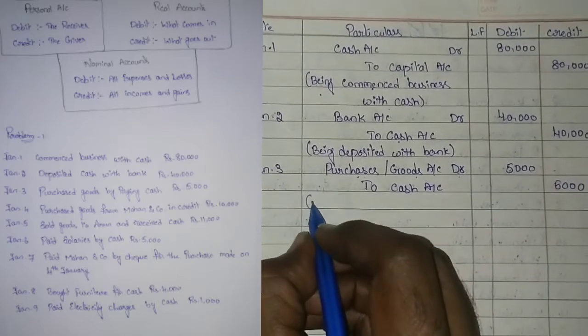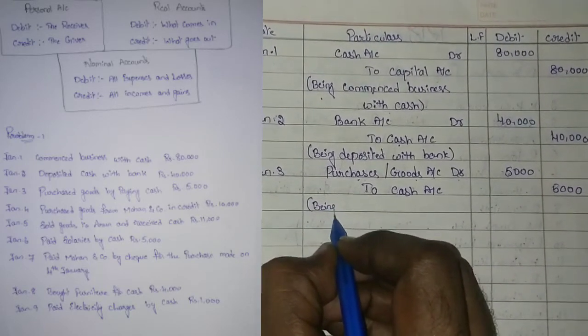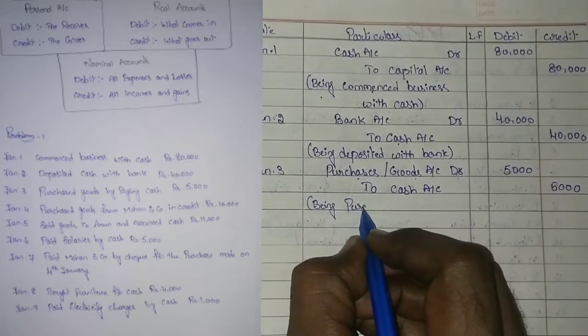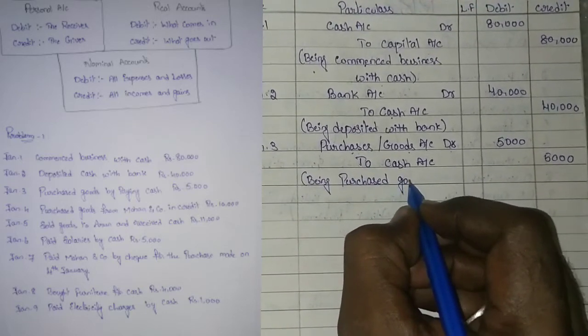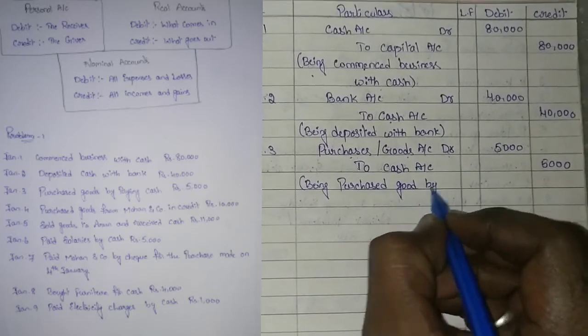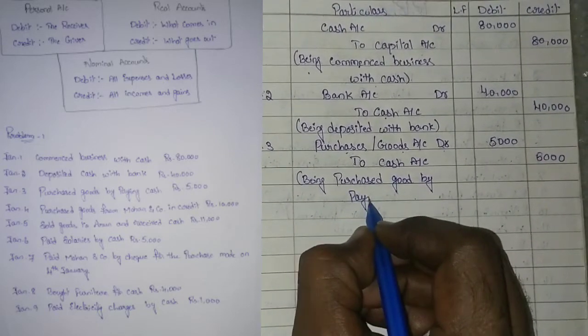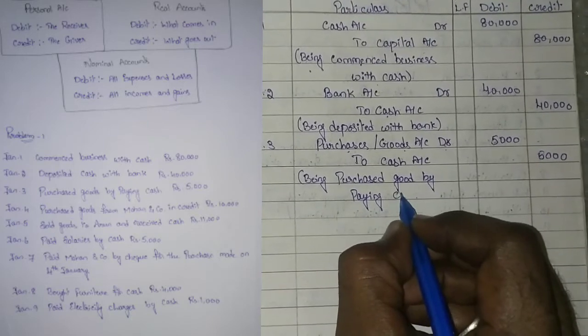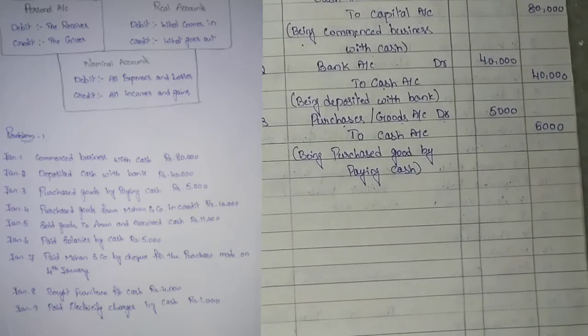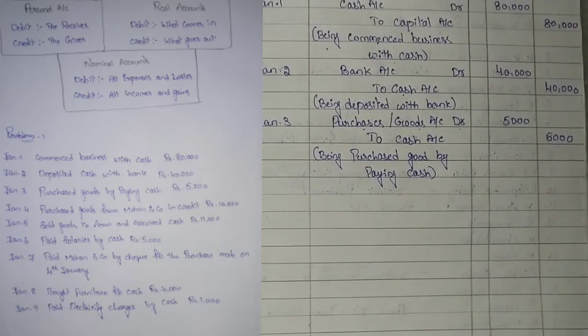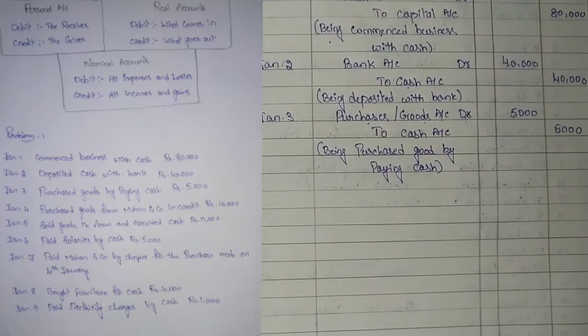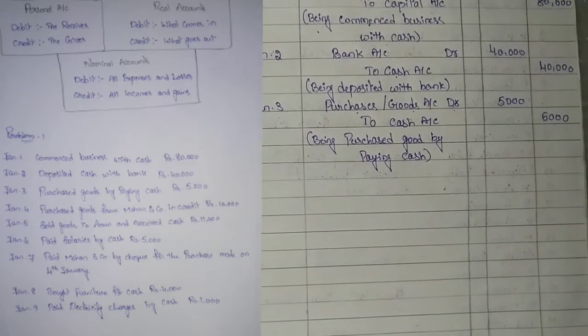And narration will be: being purchased goods by paying cash. So like this, for each and every transaction, you should identify under which account it comes, and then you'll go for recording the transaction in the journal entries.